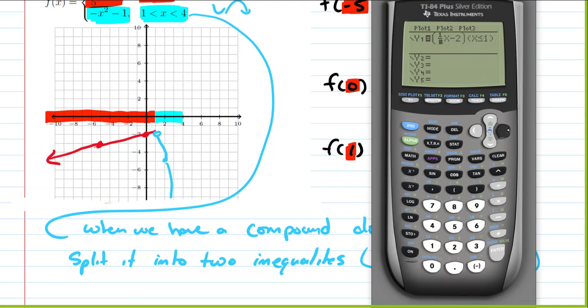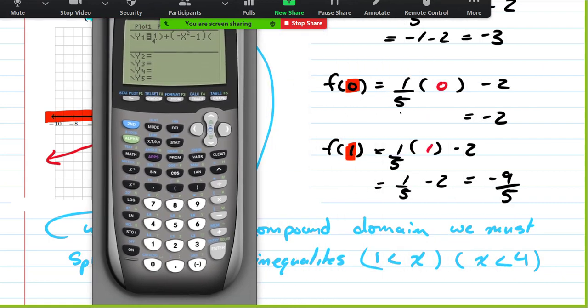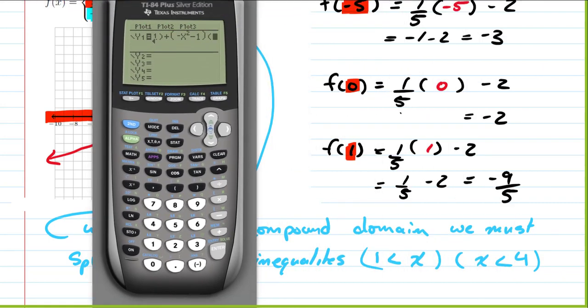So we have our first part. We go to the end of our inequality, and we separate each part with a plus, and then we rinse and repeat. So we have to put our rule in parentheses. So we go negative x squared, take away 1. We close our parentheses, and then we're going to put each of our domains in separately.